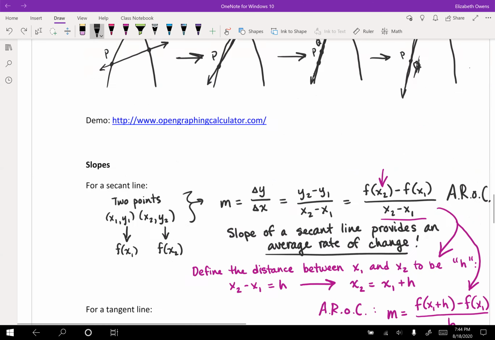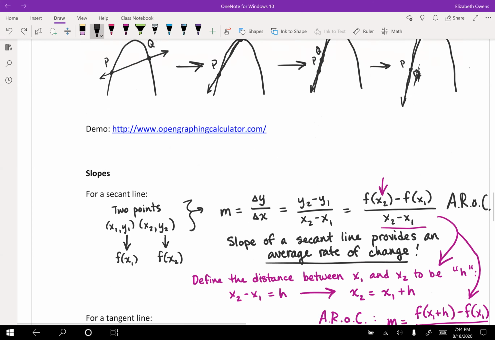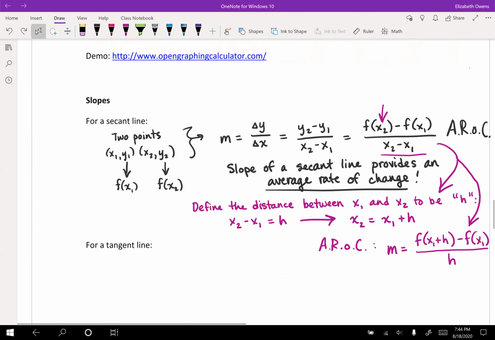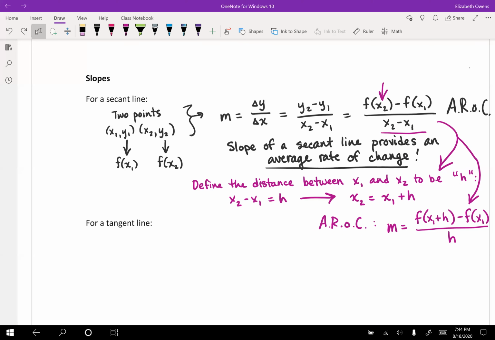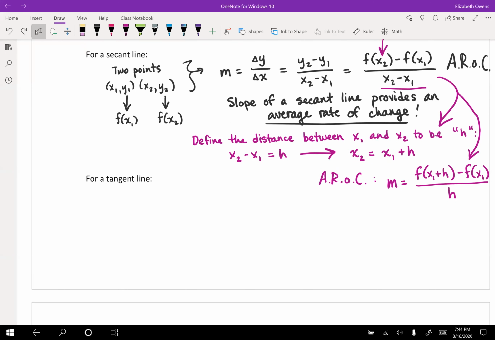A tangent line, remember, is the limiting case of all those secants, and we are only looking at a single point on the curve when we have a tangent line. So we can't make a slope formula that involves two different points. We've only got the one. That's why we've chosen to rewrite this slope formula, because that only involves one x value, x1.